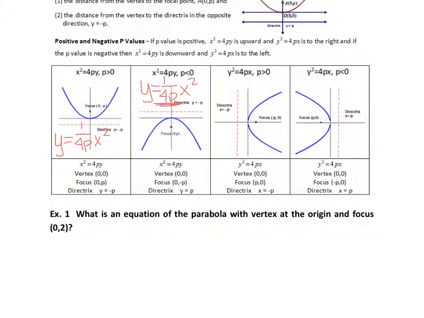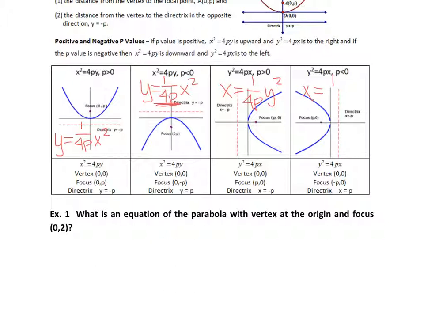Okay, so facing right or left, notice our squared terms switch. Now, if we're solving for x, it's going to look like this: x equals 1 over 4p y squared. Notice the y is what's squared this time.